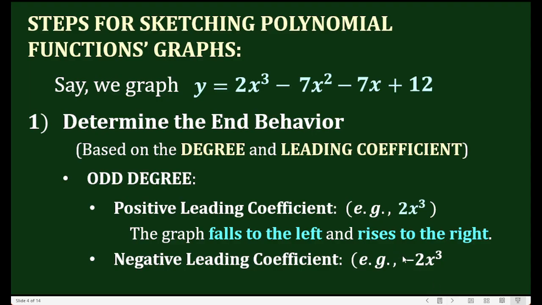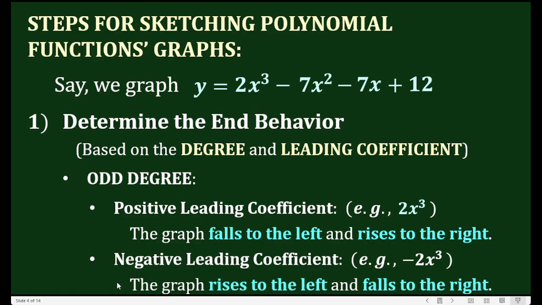Say the leading term is negative 2x cubed. So what is the end behavior? Now, the end behavior would be like this. The graph rises to the left and falls to the right. Obviously, it's the other way around compared to the previous condition. But in this case, we have this function, so we have the first end behavior.